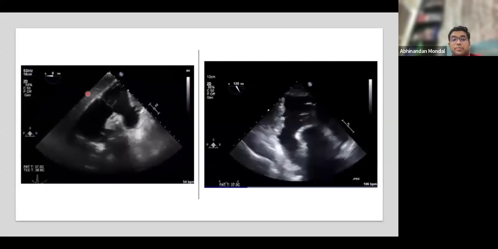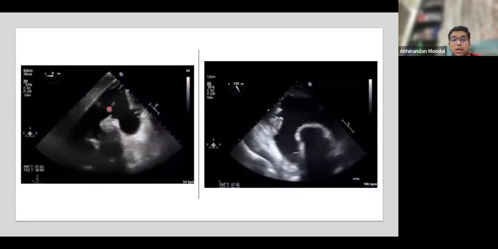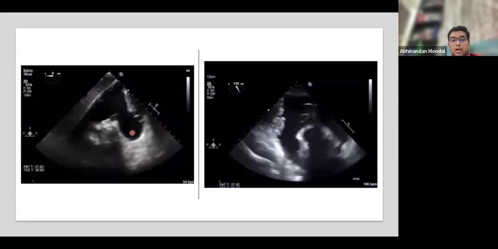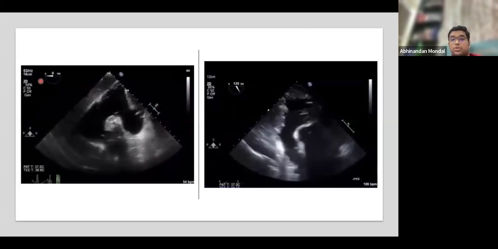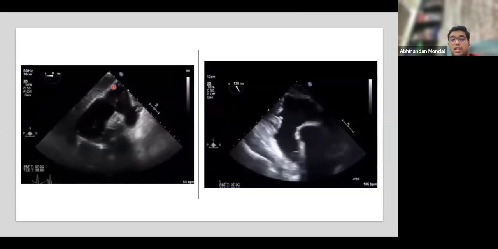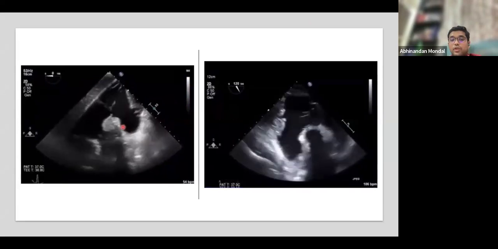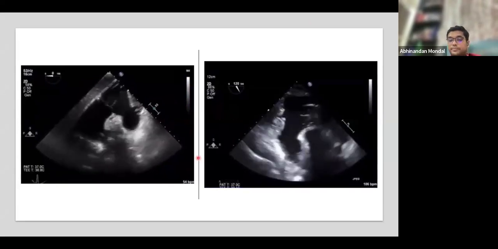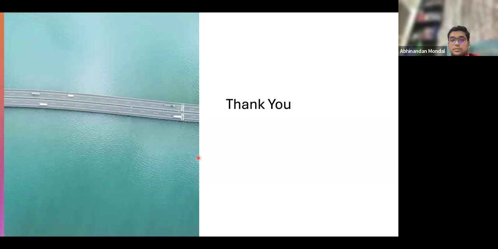In the deep transgastric RV inflow outflow view, both 0 degree and 120 degree, you can put Doppler over your tricuspid valve, as well as over your RVOT and pulmonary valve. So that was all for today.